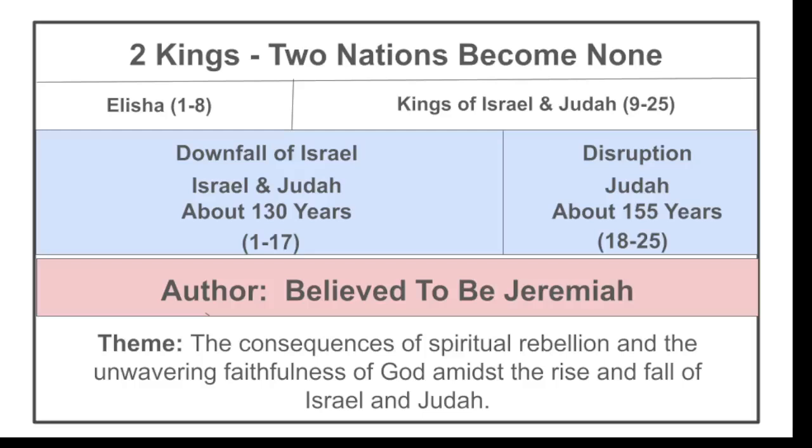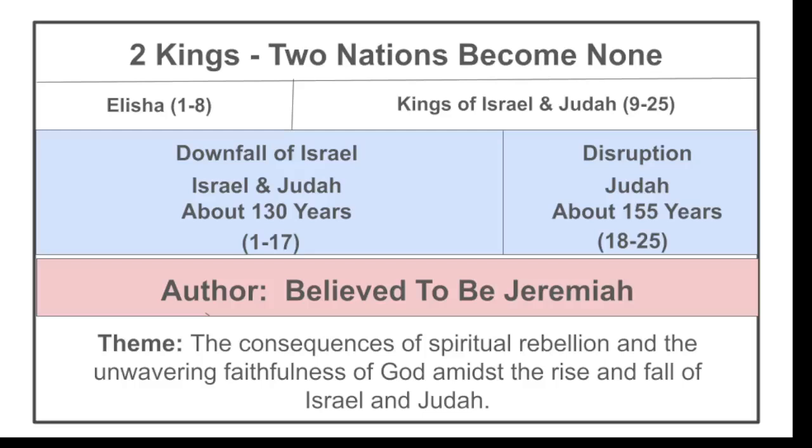Chapters 1 through 8 deal with Elisha in 2 Kings, and chapters 9 through 25 talk about all of the kings of Israel and Judah. Again, 19 kings of Israel. All of the kings of Israel were evil. There were 20 kings of Judah, all of them from the line of David. And there were only 8 good kings out of 20.